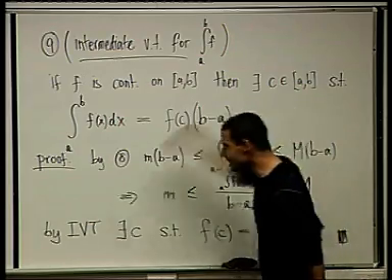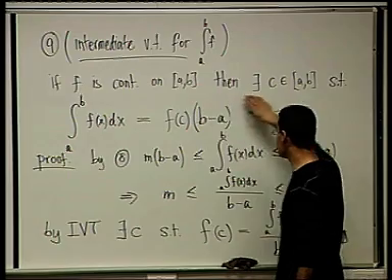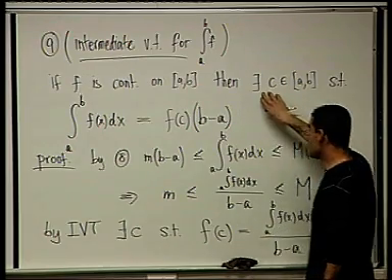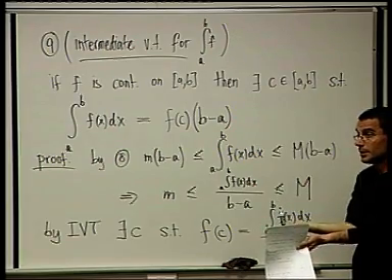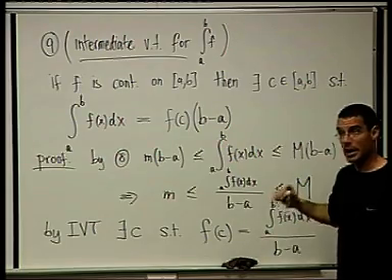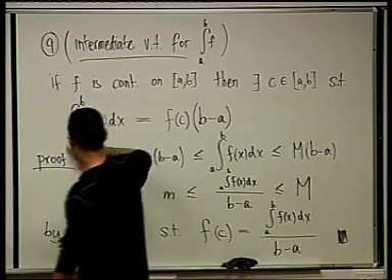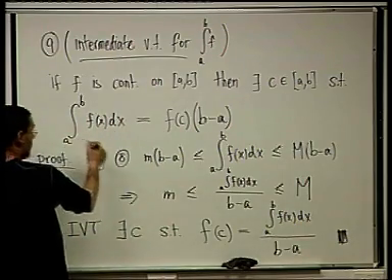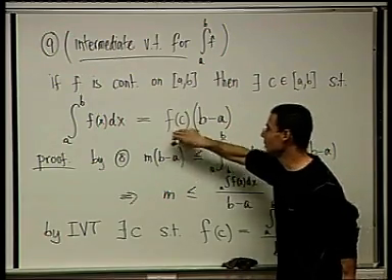This still isn't a solution to our problem, because the only statement here is there exists a C. What is that C? You don't know. This is an existence statement rather than a way of calculating. So all you know is that it actually equals b minus a times this value, but you don't know what this value is.